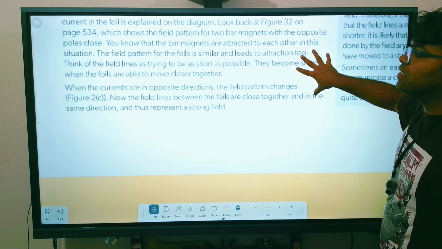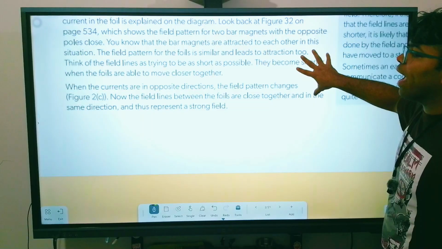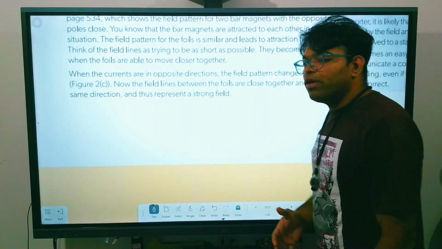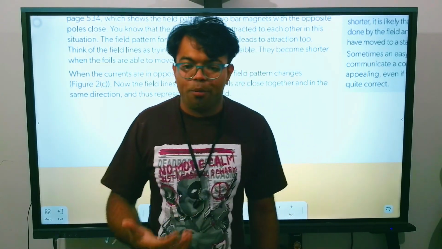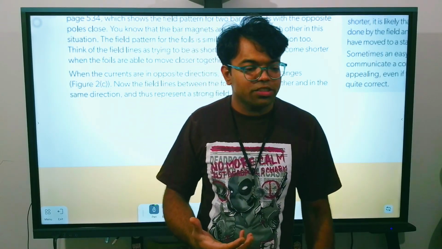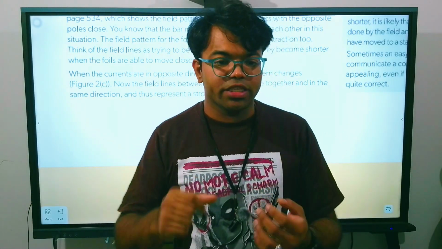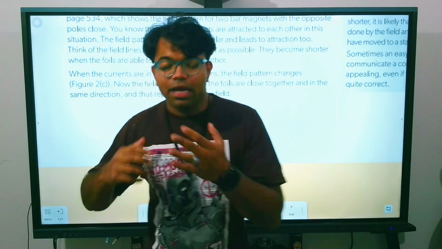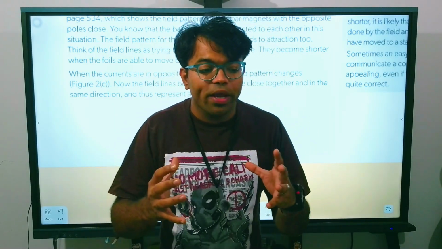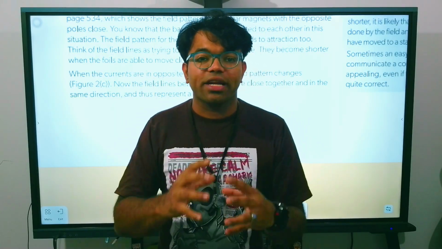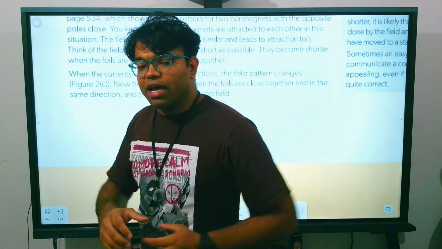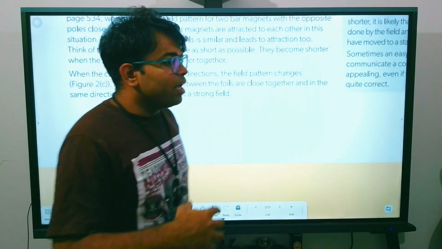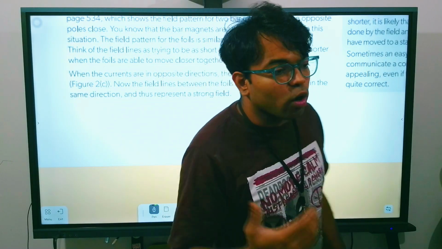Think of the field lines as trying to be as short as possible. We always know, why do two magnets that have opposite polarities, when placed next to each other, want to come closer to each other? The reason is that the magnetic field lines always want to be as short as possible. If they are longer, then what will they do?